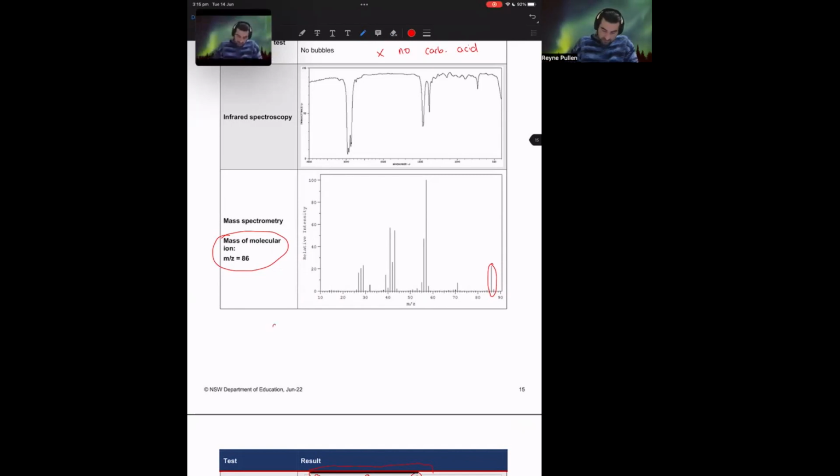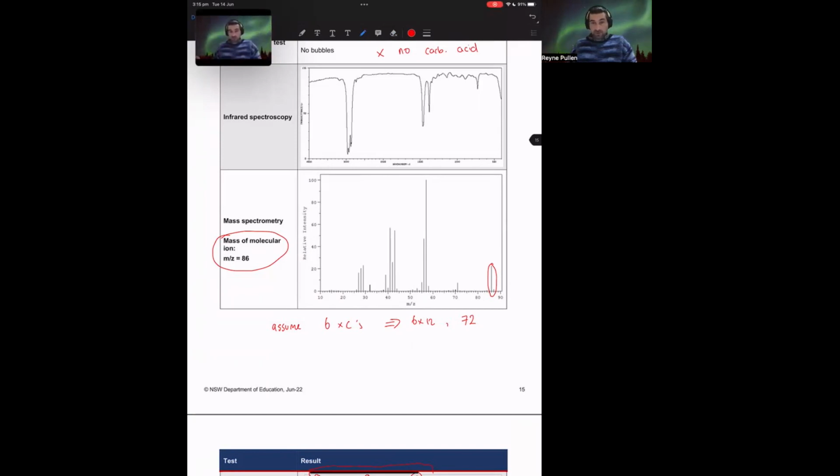If we assume 6 carbons, 6 times 12 would give us 72. Then, as a basic assumption, and this is often what you want to do, start at the most simplistic idea: let's assume that this is only an alkane. So, 6 carbons.